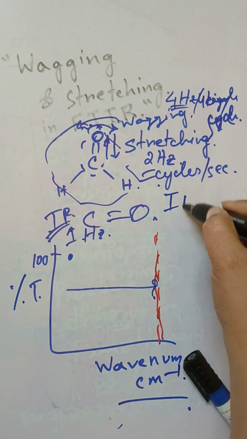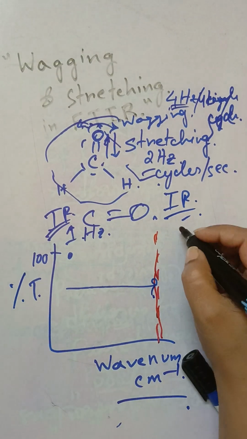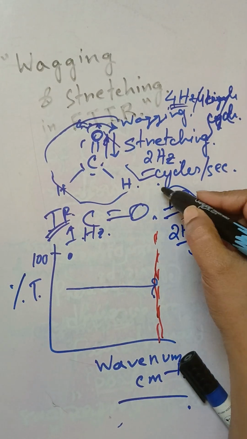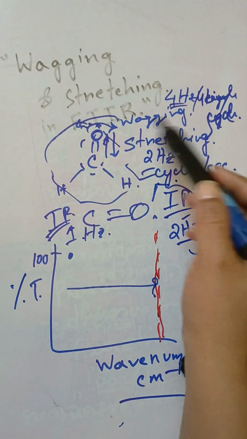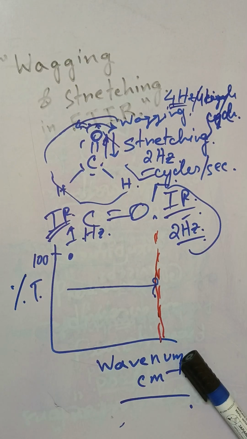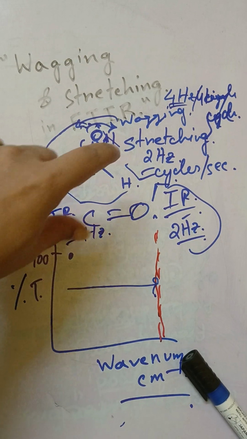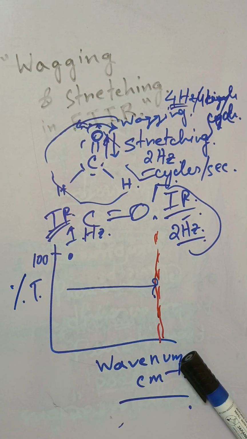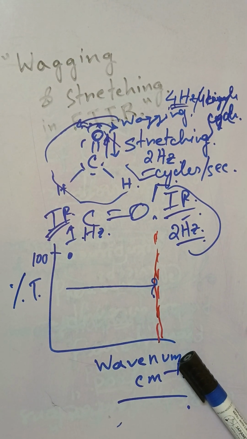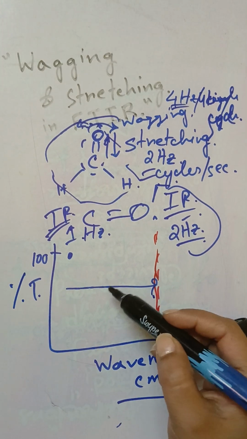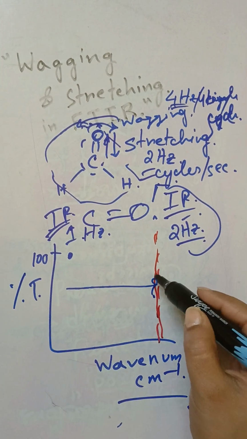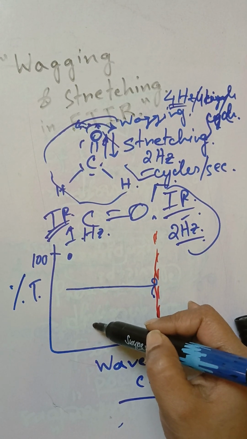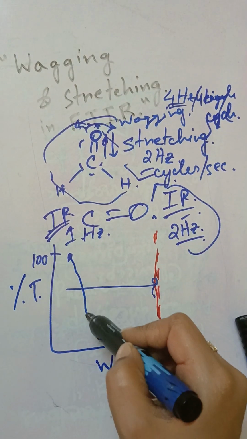Suppose the IR source has 2 hertz frequency and hits this compound. Now this stretching frequency is 2 hertz, as I have already mentioned, so this molecule will absorb all this infrared ray and be excited, and there will be no transmission of the ray to the detector. So the percentage of transmittance will drop like this. That will give a curve like this.